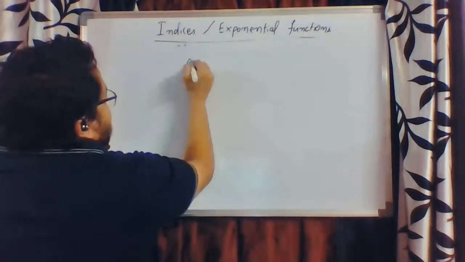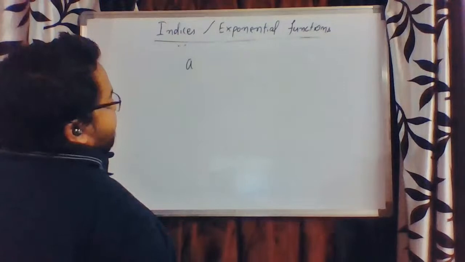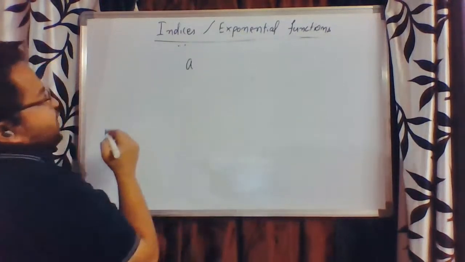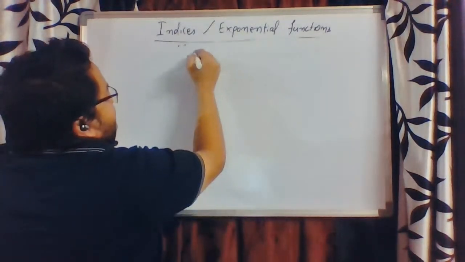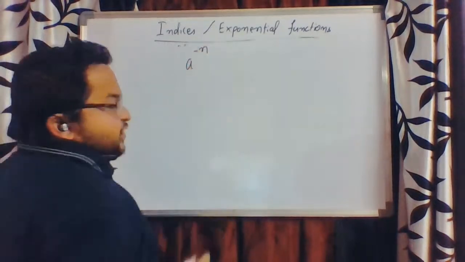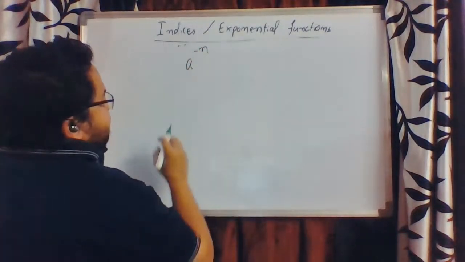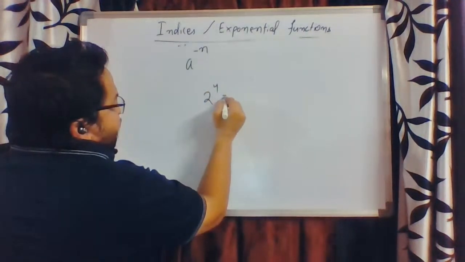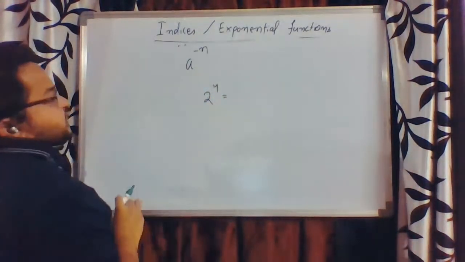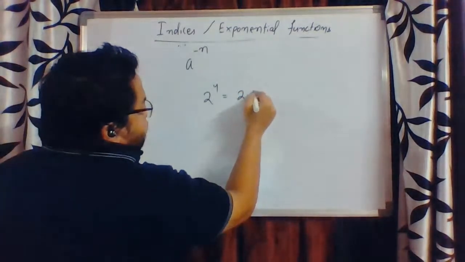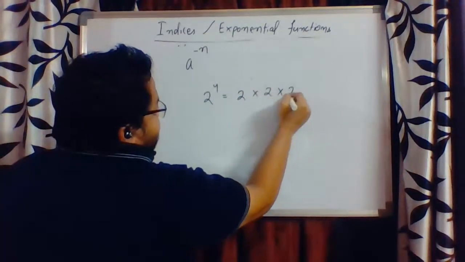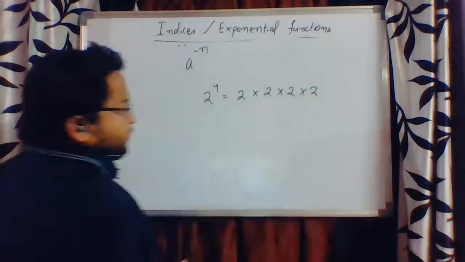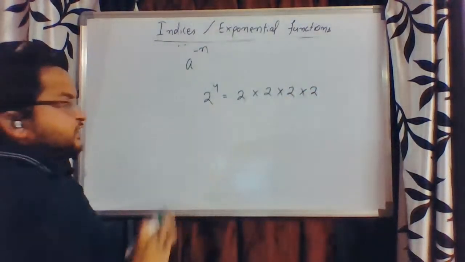We have not yet gone into what would be the meaning of a to the power minus n. When I say 2 to the power 4, obviously we understand that this is nothing but 2 into 2 into 2 into 2, 4 times, and we say that the answer is 16.